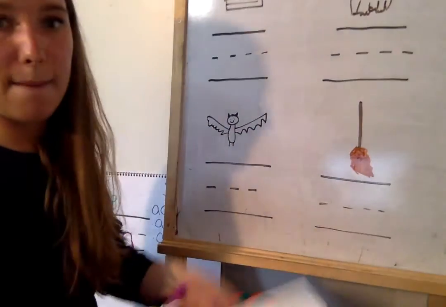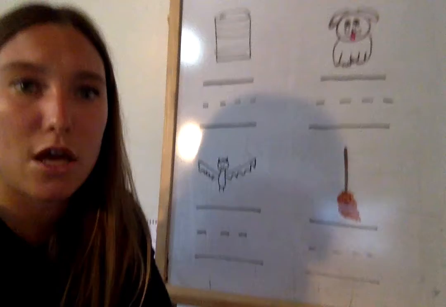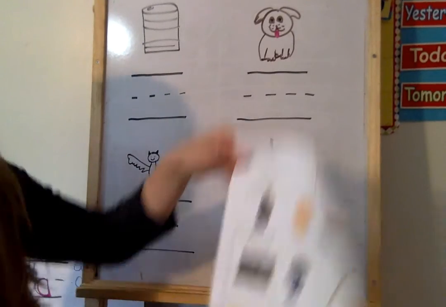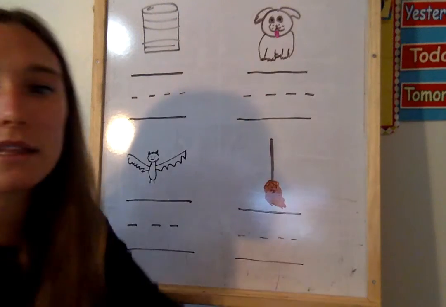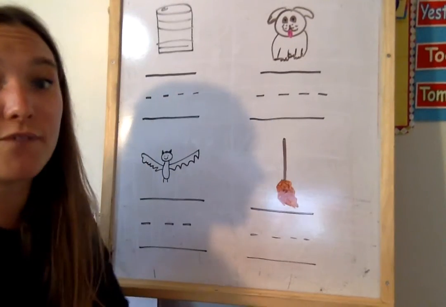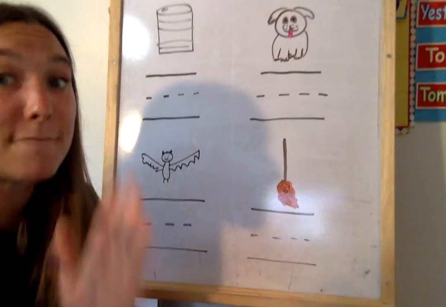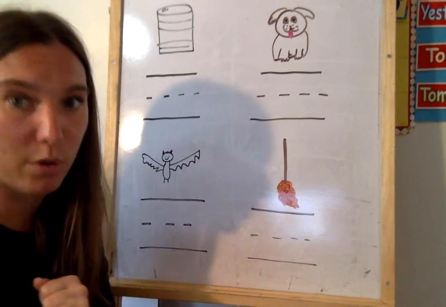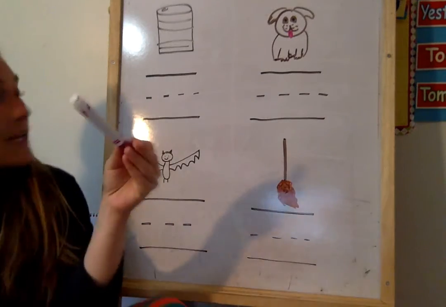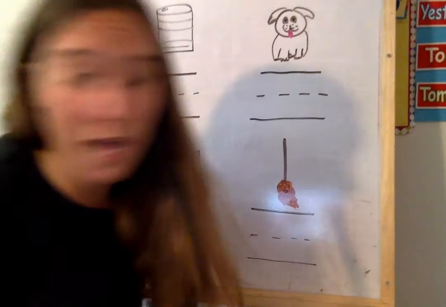All right, so this is another sheet. This part of the lesson is relating to this sheet, page 183. And it is a little tricky. We are going to try to figure out if the middle sound of a word is our vowel we're working on. So it's a little more difficult. We haven't done this.